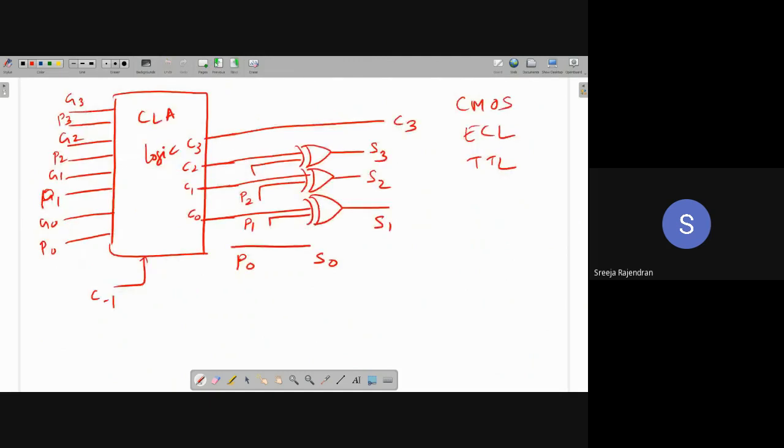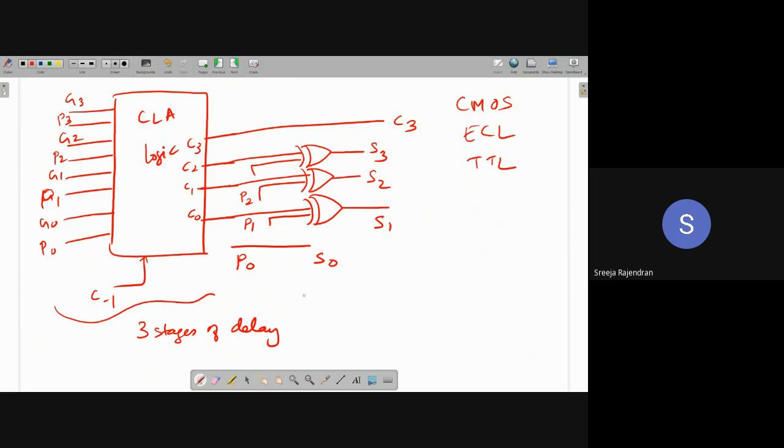Is it clear how we got the sum from this carry look ahead process? Now for the sum, again we come back to delay. I said up to here, to generate the carry, we have three stages of delay. That means now if I have to generate the sum, how many stages? Four. One more stage is added.